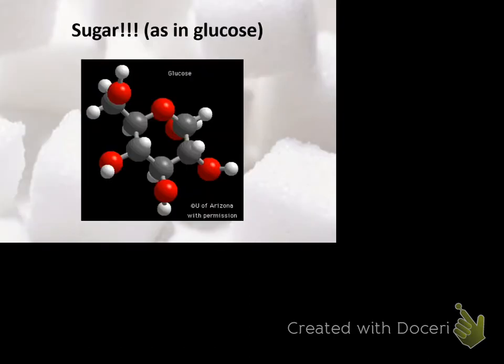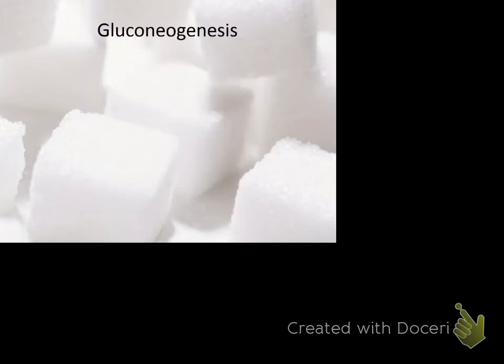So that's why we always have to have some method to synthesize sugar since we've depleted our glycogen storage. And so that is called gluconeogenesis.